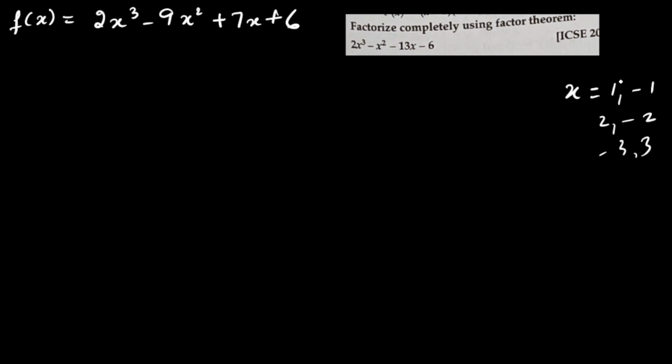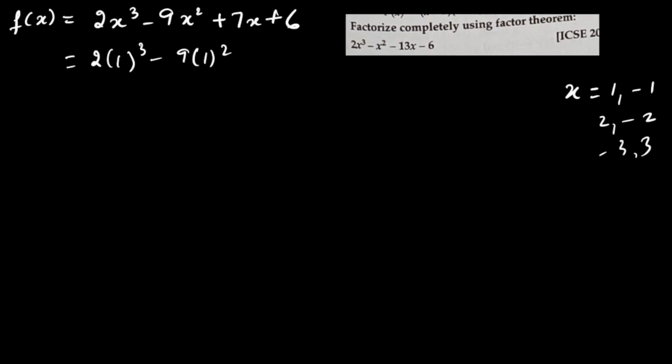So let us check with 1, by simply substituting the value of x as 1. So 2 into 1 cube minus 9 into 1 square plus 7 into 1 plus 6. This part you just have to do in the working area. Checking you just have to do in the working area. This is not a part of the question.